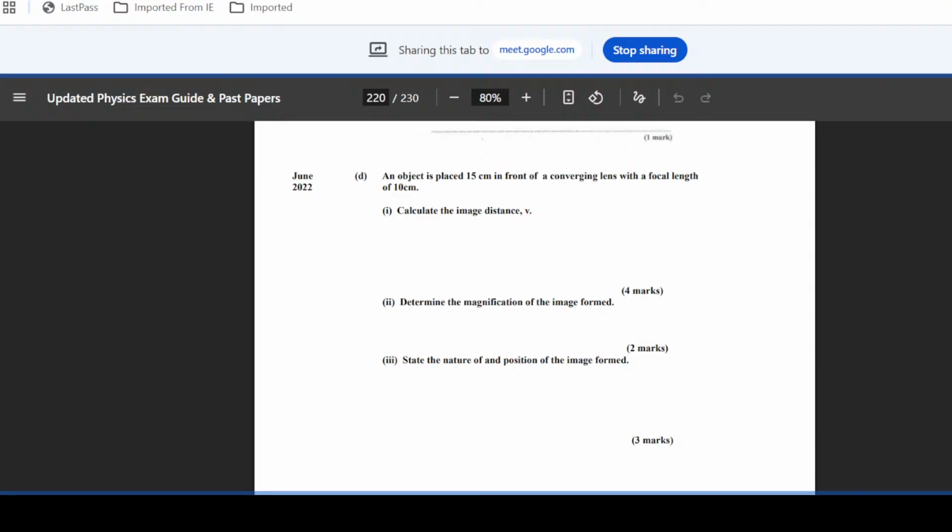Image size over object size. But in this case, we don't have the image size, we have the image and object distances. So we can use that as well. We can use image distance v over u.